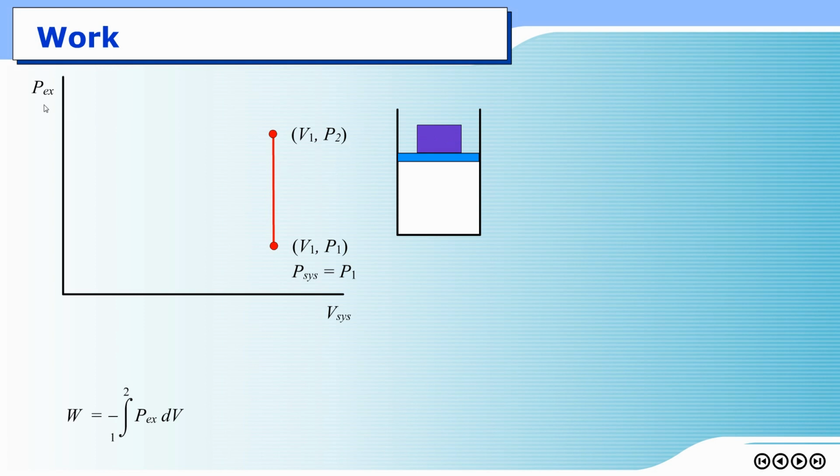Again, this is external pressure. It's the plot of external pressure. So whenever you put the mass on top of it, external pressure shoots up. But since the piston has not moved yet, the total volume of the system remains unchanged. So the function goes up directly. V1 here and V1 there remain the same.